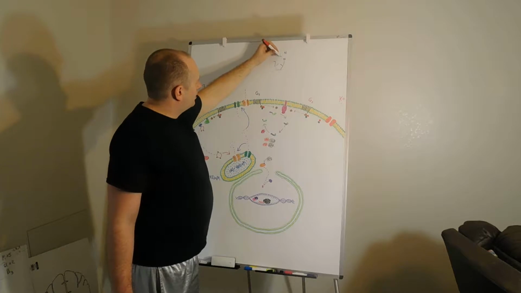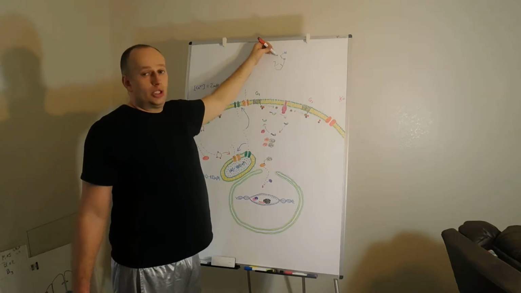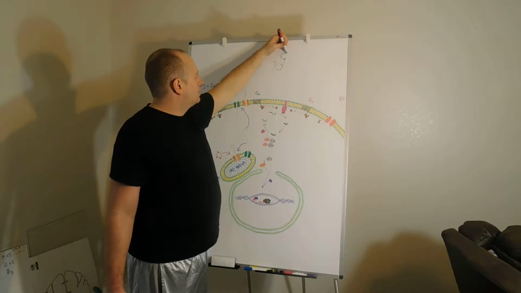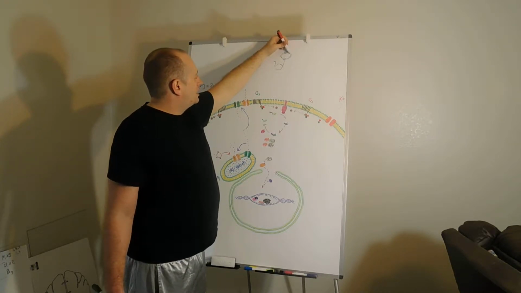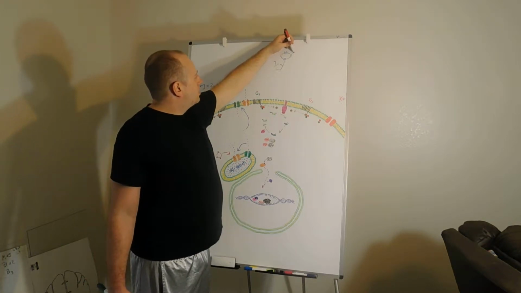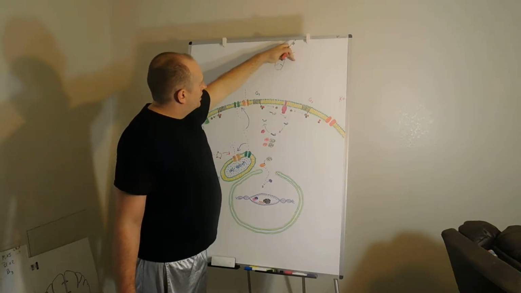Jeez, my black marker is running out. So this is a carbon here, and then actually a carbon and 2 hydrogens, which we don't draw when we draw just a backbone structure like this. And these go over to a carbon each, and these 2 carbons are connected to each other by a double bond, and then they're also connected over to, on the bottom here, it's not a double bond actually.